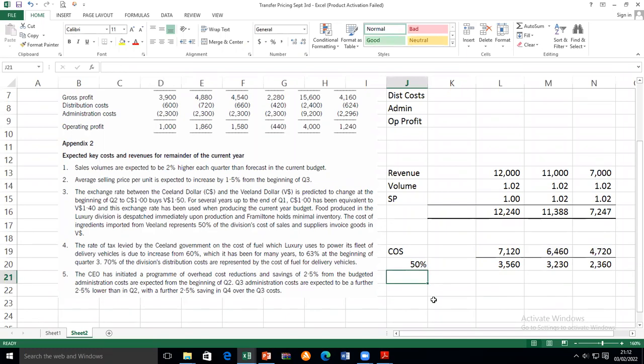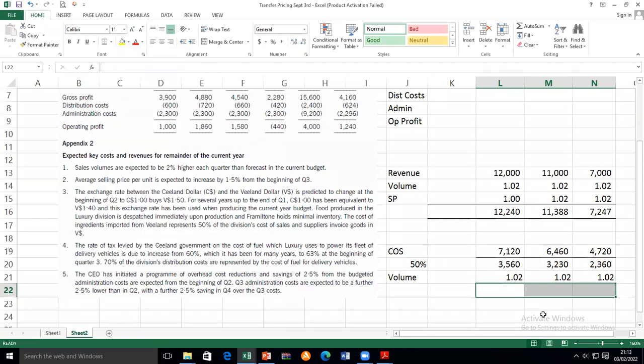Let's adjust the volume. Volume adjustment, just like we did here, 1.02. Okay. So that one, no issues. So this is one portion. So that's this portion here.